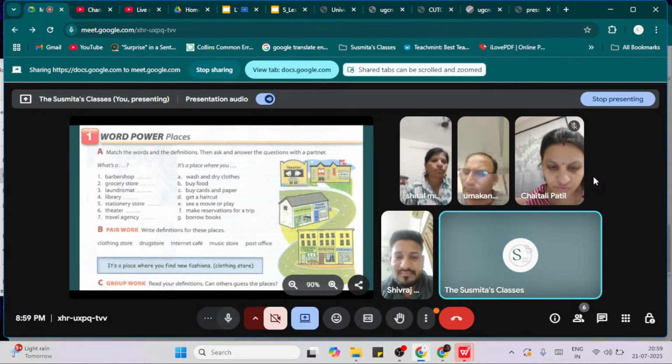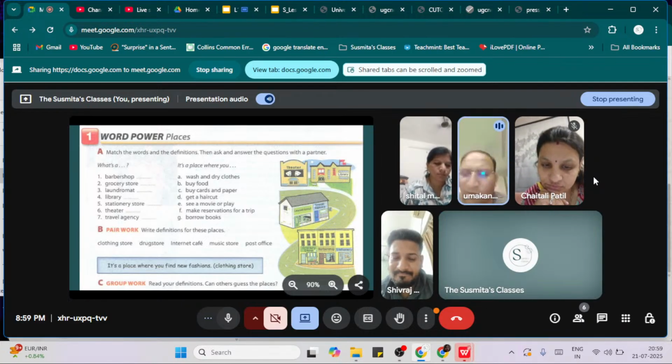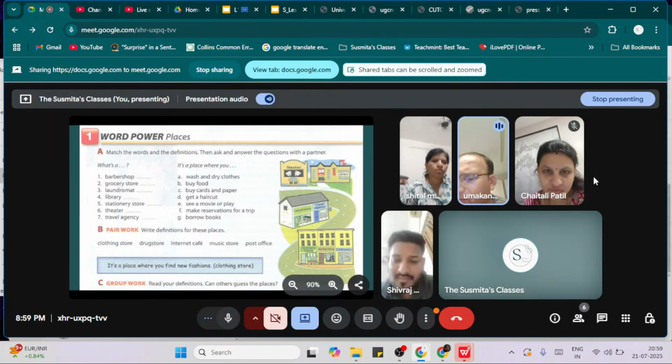Umakant sir, what is a music store? It is a place where you find musical instruments. Music store is the place where we used to go and buy CDs and cassettes. So musical instruments such as CDs and cassettes?